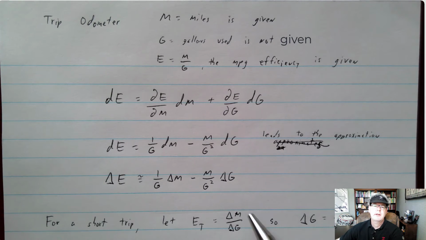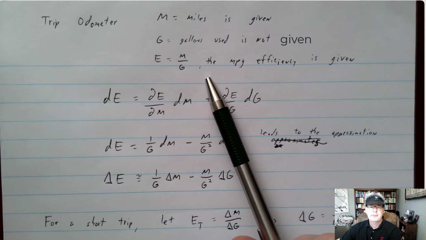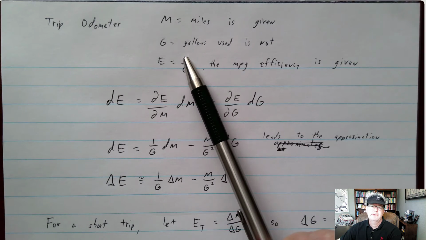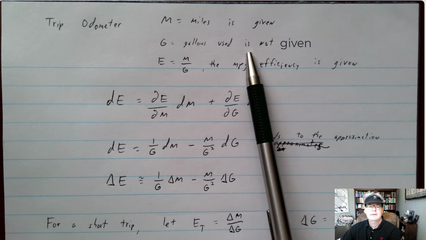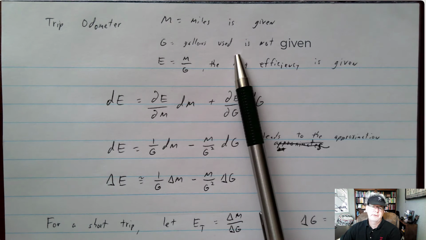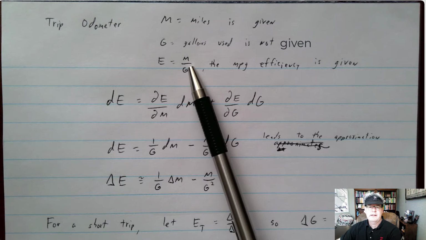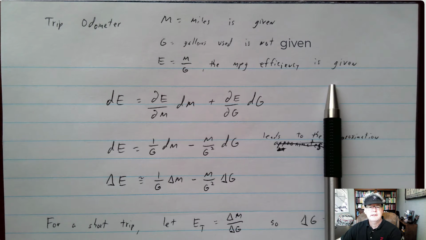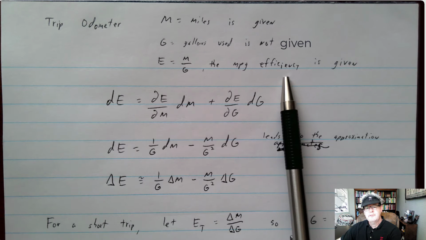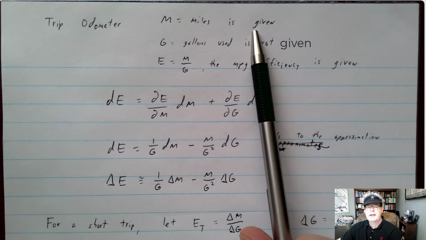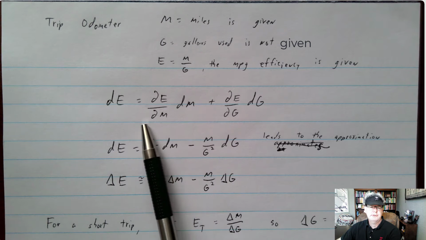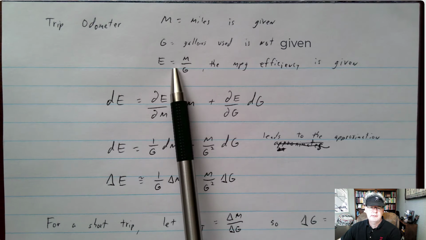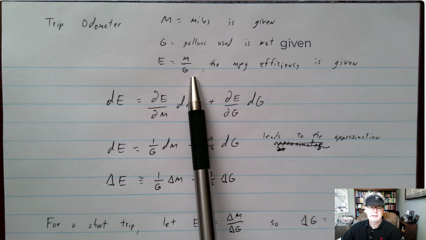So what I'm going to use as my variables, M for miles, G for gallons used so far. That's for trip A, which is at almost 300 miles. E, miles per gallon, the MPG efficiency. So the efficiency is given and the miles is given, but I don't know the gallons used. But I'll still do the differential of miles over gallon.